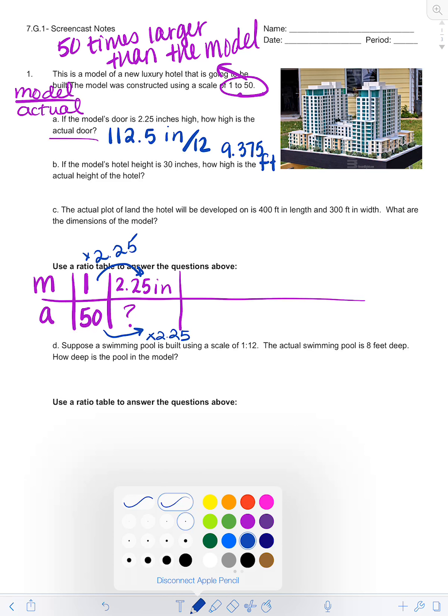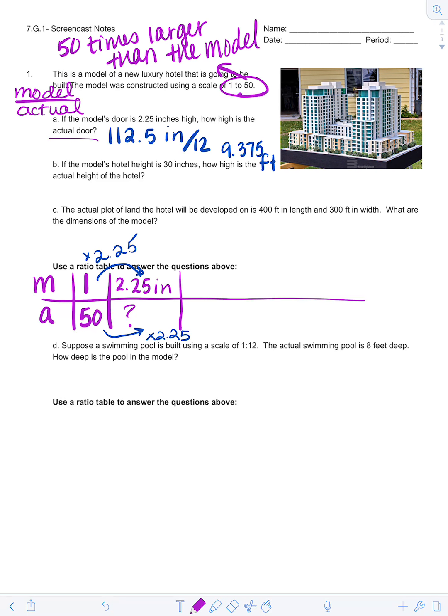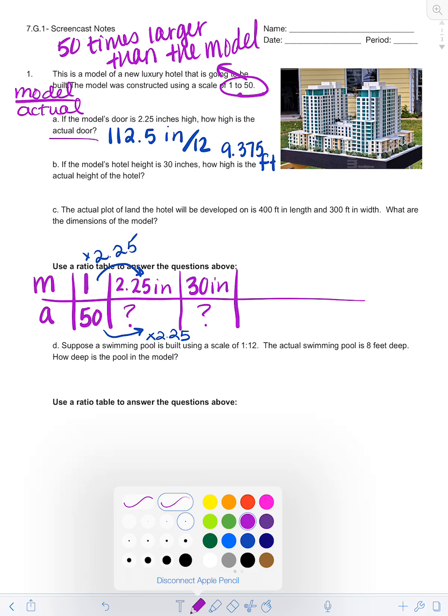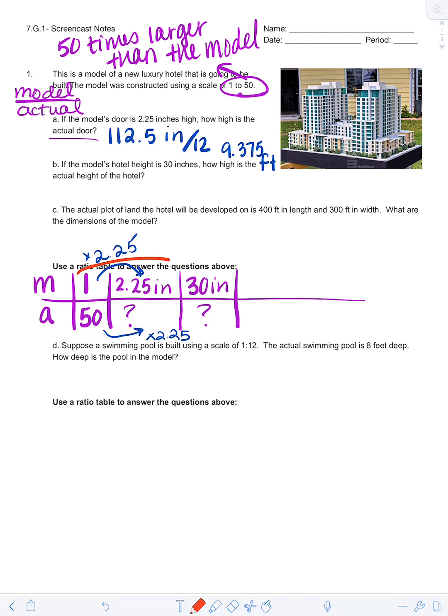Okay, let's go back to our table here. For B, if the model's hotel height is 30 inches, so model is 30 inches, how high is the actual height of the hotel? So again, go in here. We can get from 1 to 30 by multiplying by 30. Same thing, multiply 50 by 30.